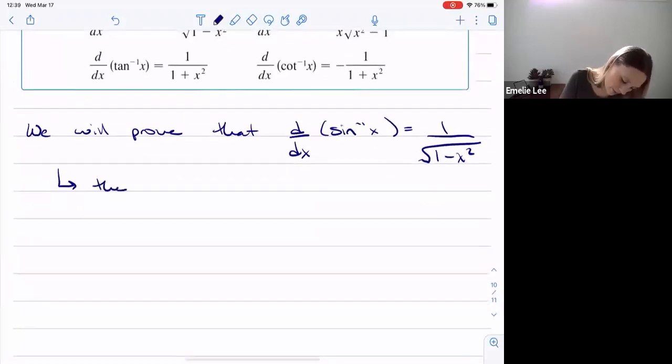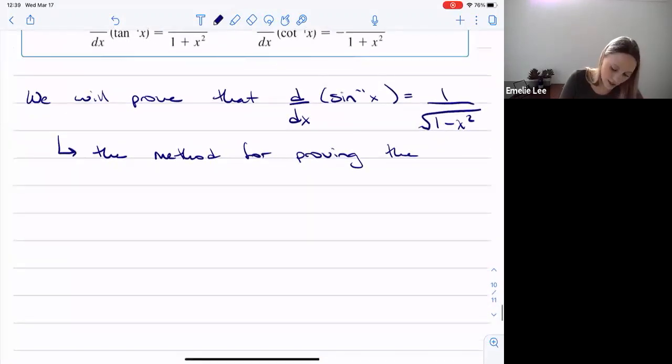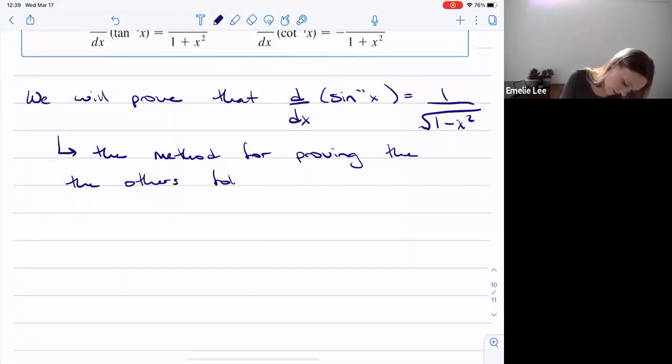The methods for proving the others follow the same structure, and it's a good exercise in just implicit differentiation, so that part's kind of fun.